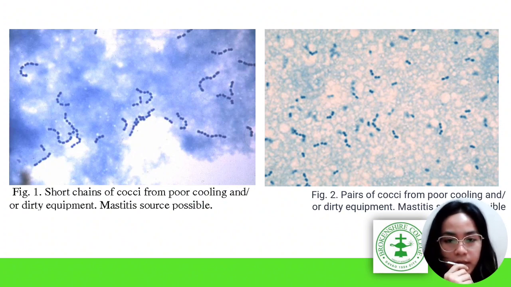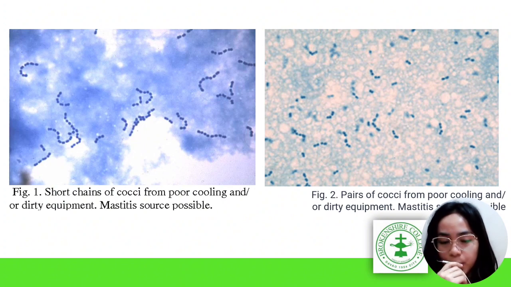Okay, so we have here some of the microscopic examinations of milk samples. Each figure represents a visual observation made during the microscopic examination of milk samples. These observations provide insight into the type of microorganisms present and their potential implication for milk quality and safety.